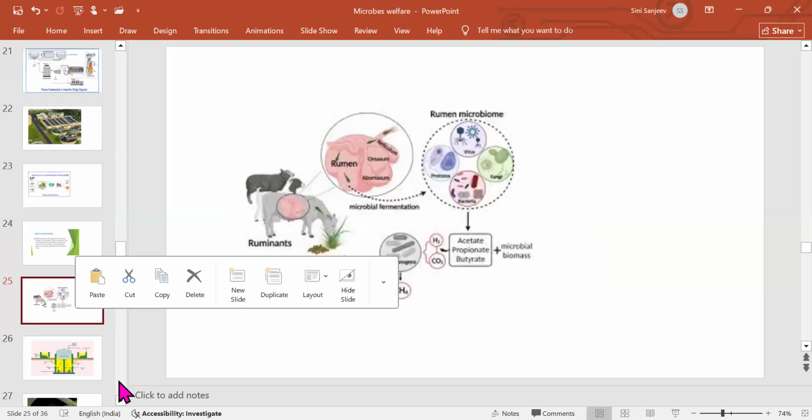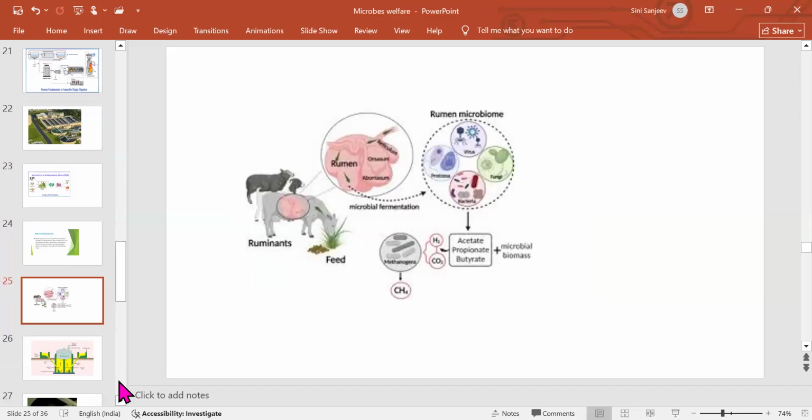So this is a diagrammatic representation of how the ruminant animal's rumen has the methanogen or methanobacterium. As you can see over here, this is the stomach where you have the rumen, and this cow is being fed. It's eating this grass, which contains cellulosic material.